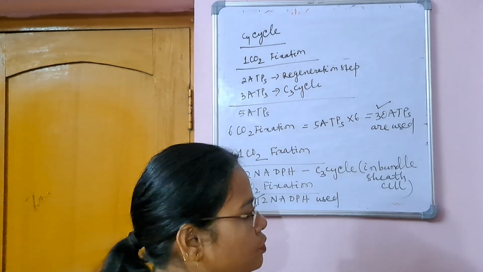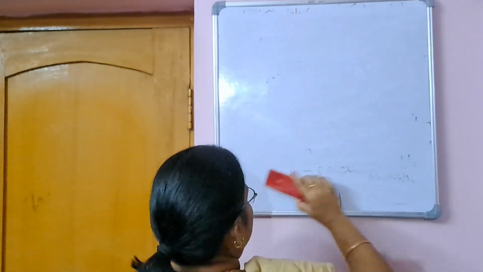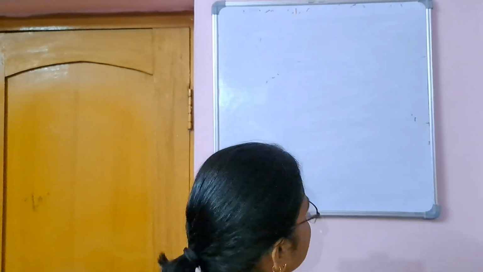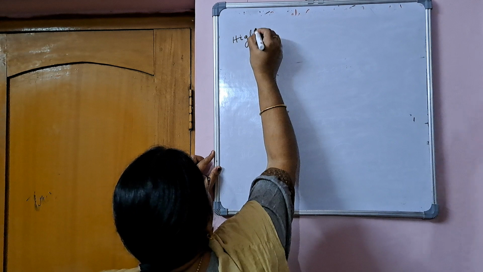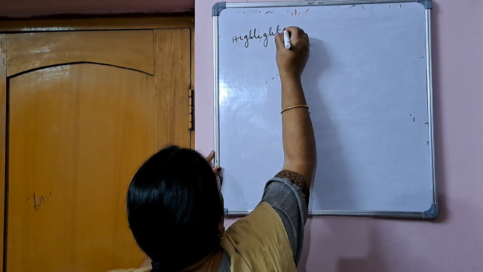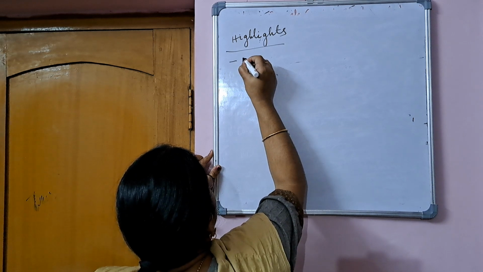Now you come to the highlighted part of this C4 cycle. Here 2 cells are used. What are the highlights? Involvement of 2 cells.